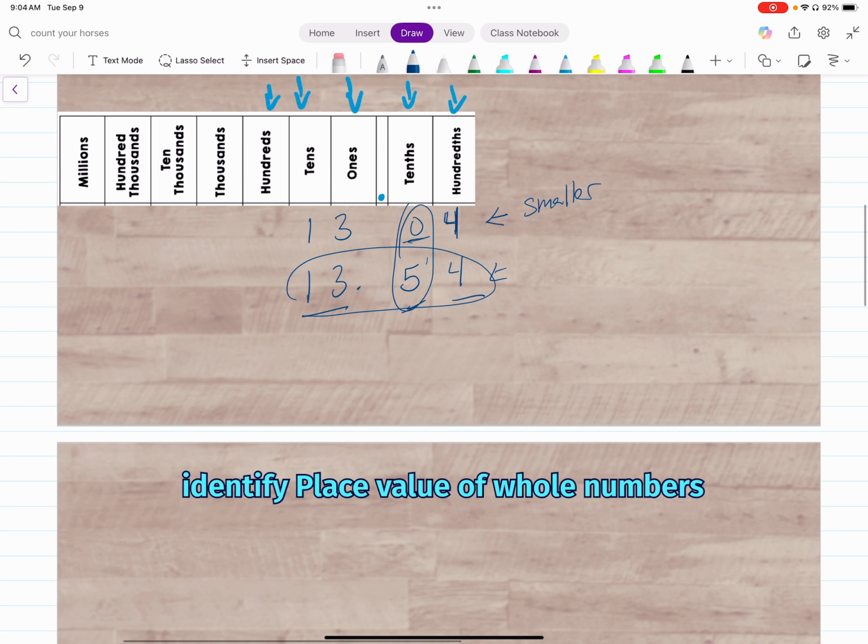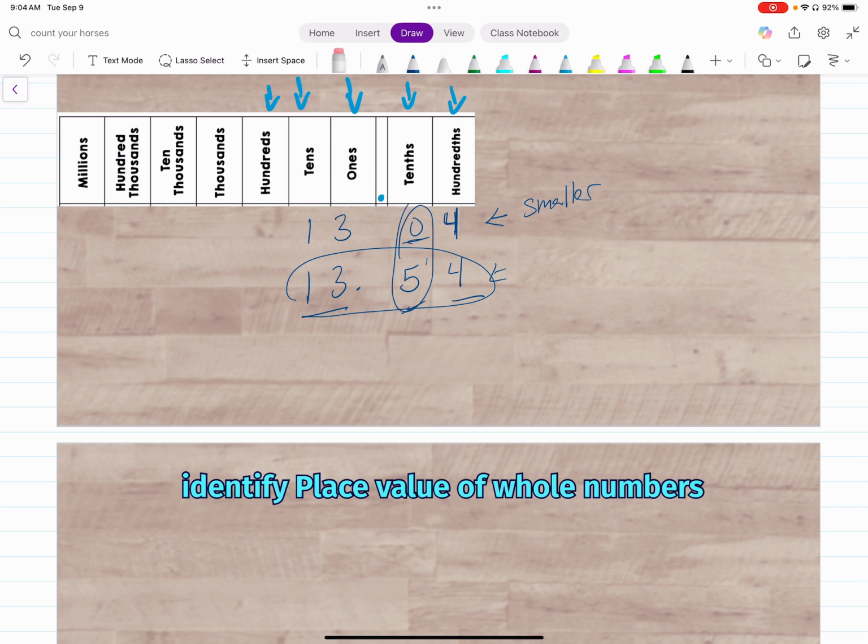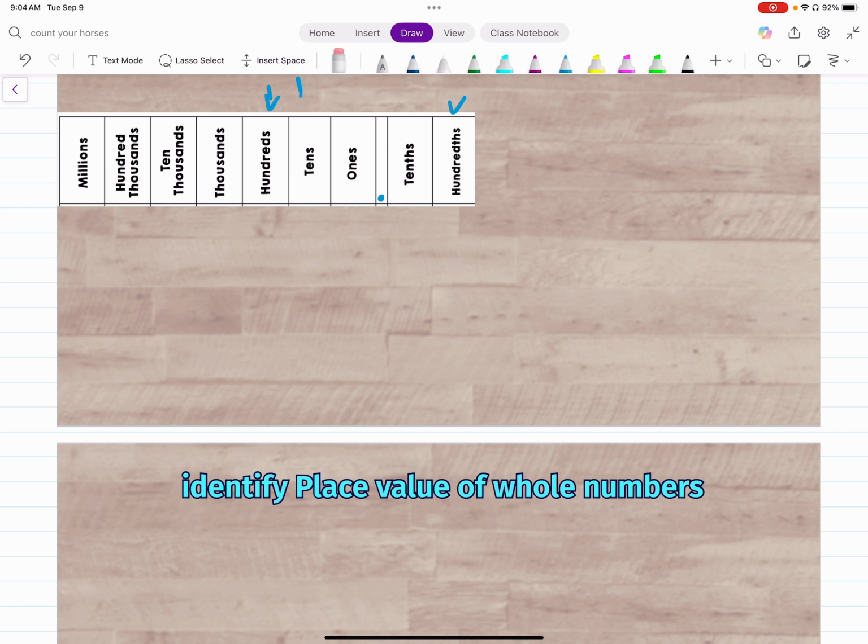Now, where we place these numbers matters, and what this looks like is if I have a 5 in this one stall, that just means I have 5 horses. But if I move this 5 over here to the 10 stall, now I've got 5 tens.